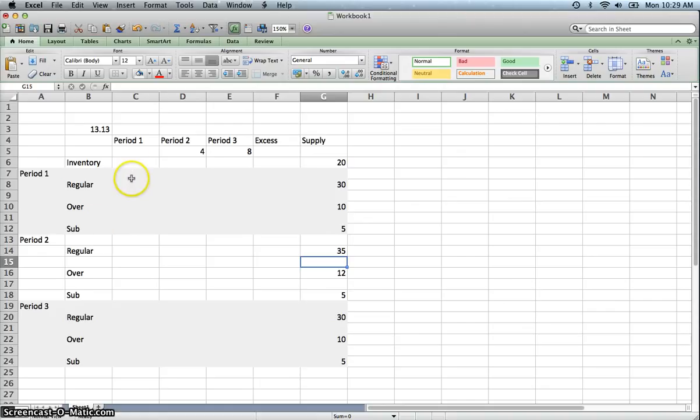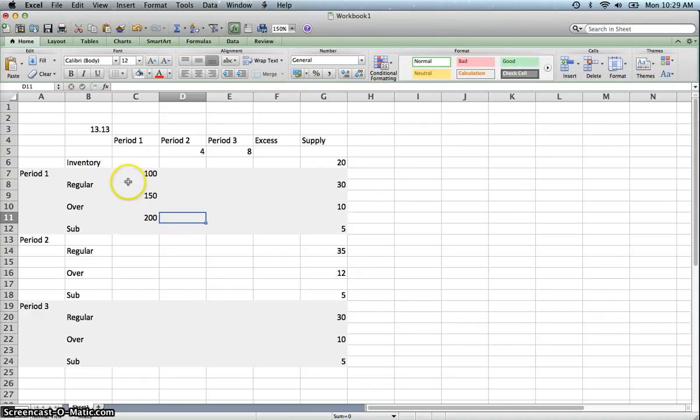Let's put in the cost then. They tell us for regular is $100 per unit. So I'm using that second line here. The overtime is 150, and the subcontractor is 200. Now here's where it gets interesting.